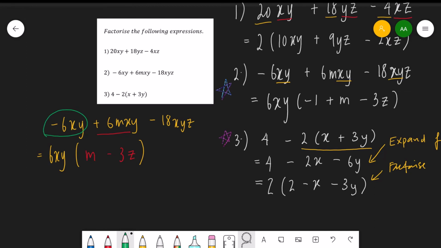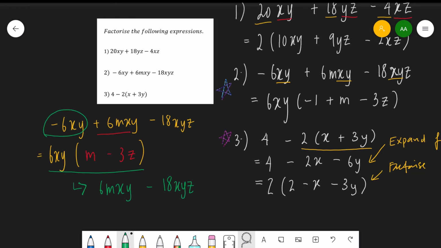There are only two terms inside here. So what I'm trying to show you all is, remember the tip that I told you: if you are done with your question, one way to check if your answer is correct is to do an expansion. So I'm going to expand this, and this is what we are going to get: 6mxy minus 18xyz.